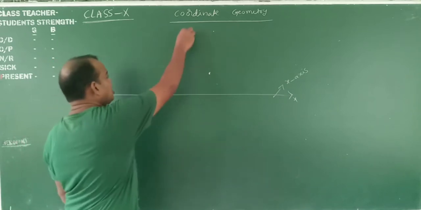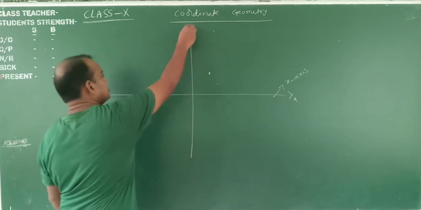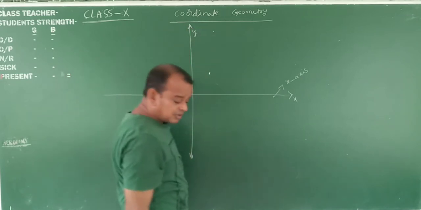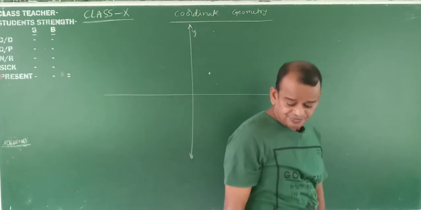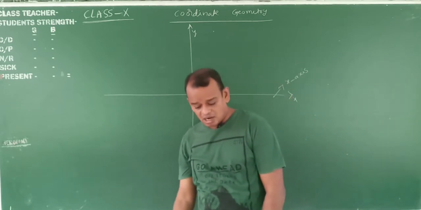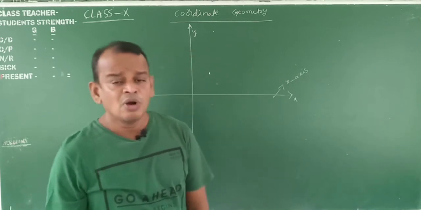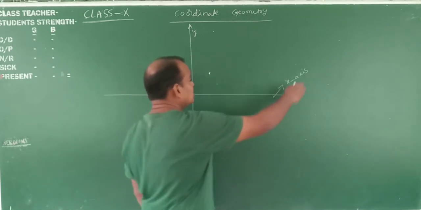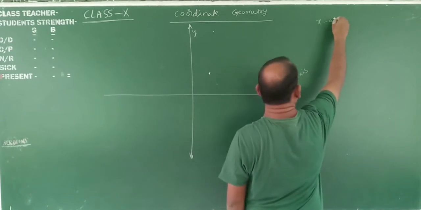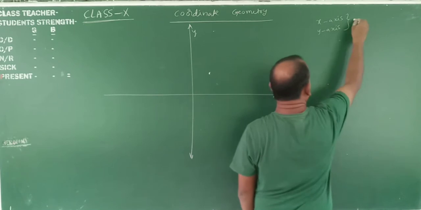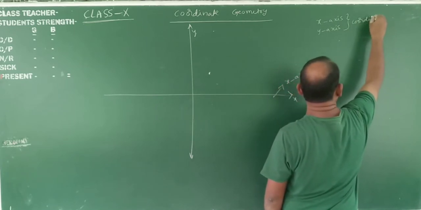Now this is called the y-axis. The vertical line is called the y-axis. Both the horizontal line and the vertical line are called the x-axis and y-axis. Both the x-axis and y-axis are called the coordinate axes.